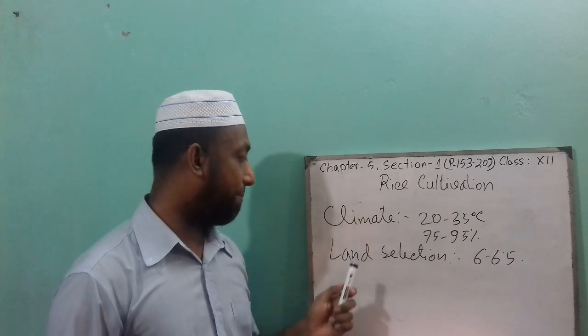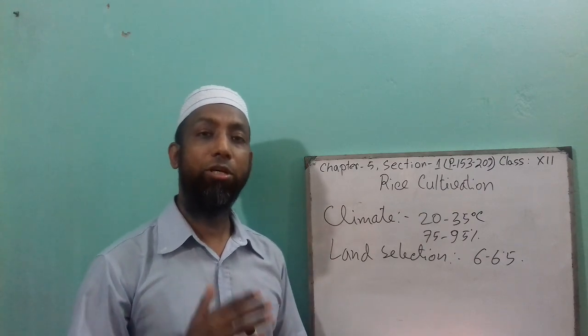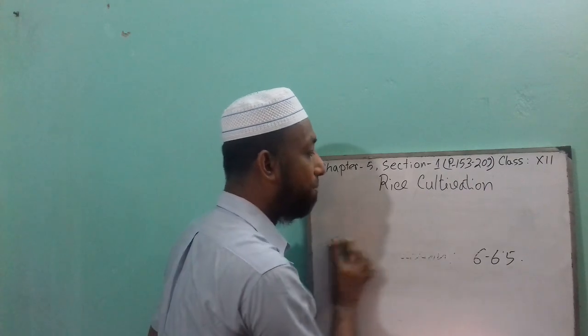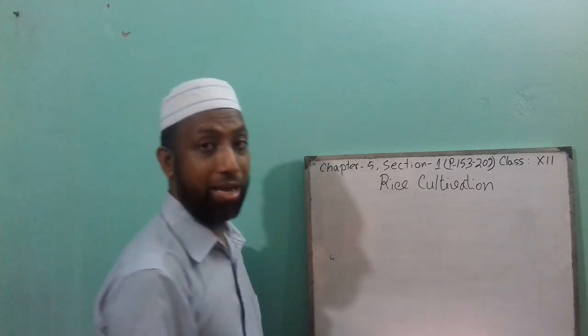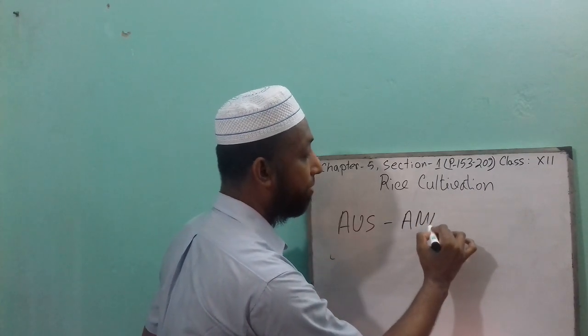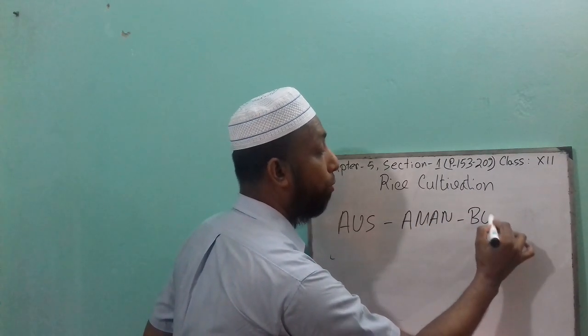Then after climate and land selection, you have to think about the variety of rice. Remember, there are 3 seasons of rice, which are Aush, Amon, and Boro.